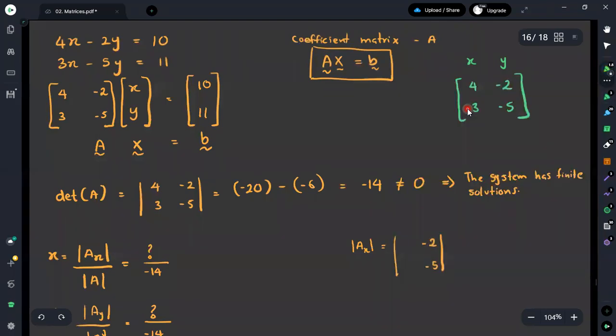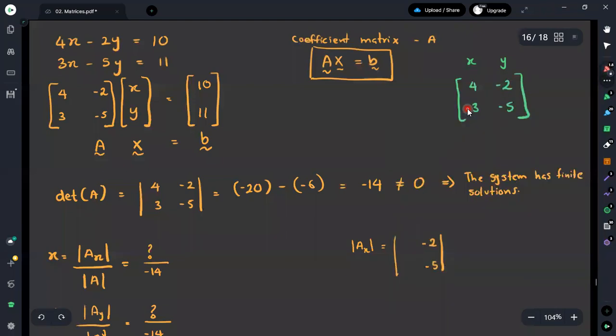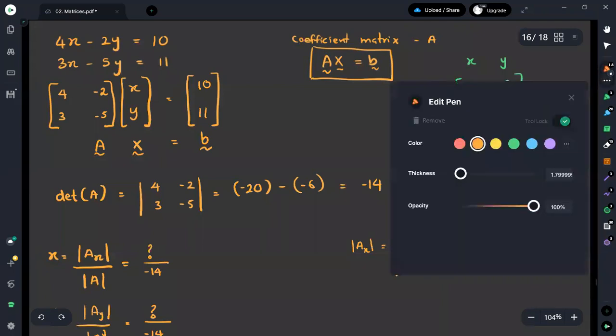Then we are including the elements, instead of the elements of the x column, we are replacing it by the constant terms. Therefore, here we will get 10 and 11. Now we can simply do the calculation for this.